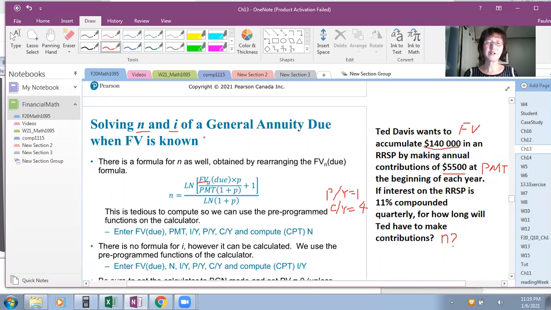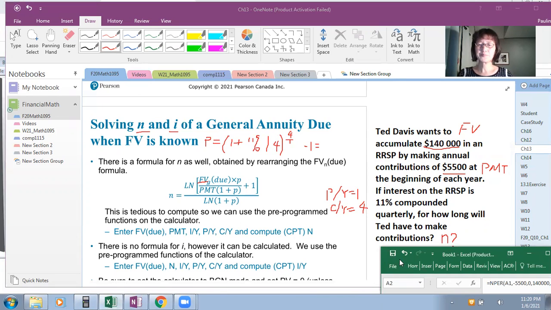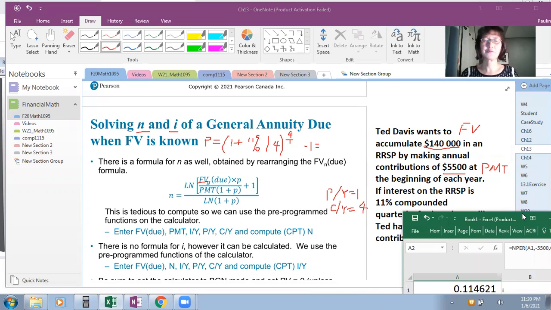P, we just calculated P. P equals 1 plus I. I is 11% compounded quarterly divided by 4, and then raised to power C. C equals CY over PY, minus 1. Okay. And this number is 0.114621.